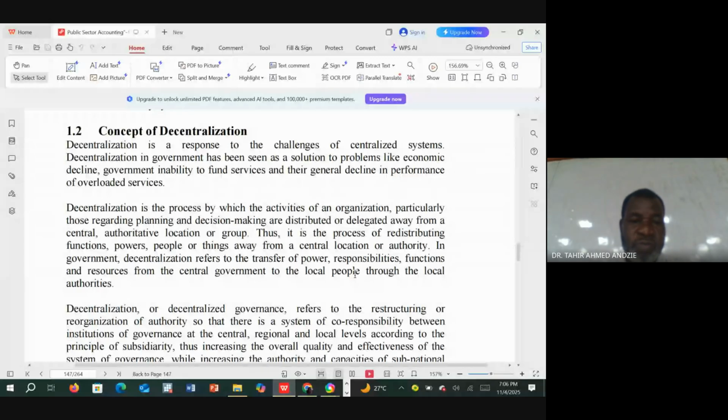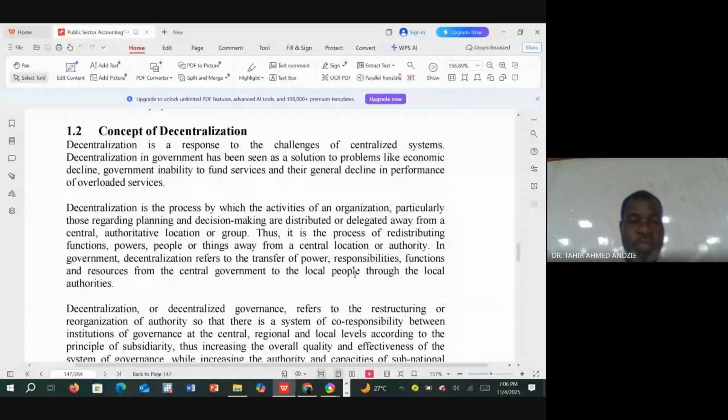So, of course, that is decentralization. It is an activity where particularly planning, decision making, and development are delegated away from the central or authoritative location. Thus, it is the process of redistributing functions, powers, people, or things away from the central location or authority.